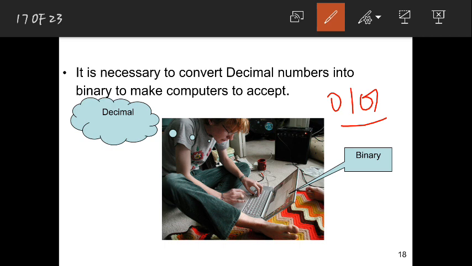The microphone converts my voice signal into a voltage, nothing but an electrical signal. That electrical signal goes into the machine, and before processing, it will convert those voltage levels to zeros and ones.